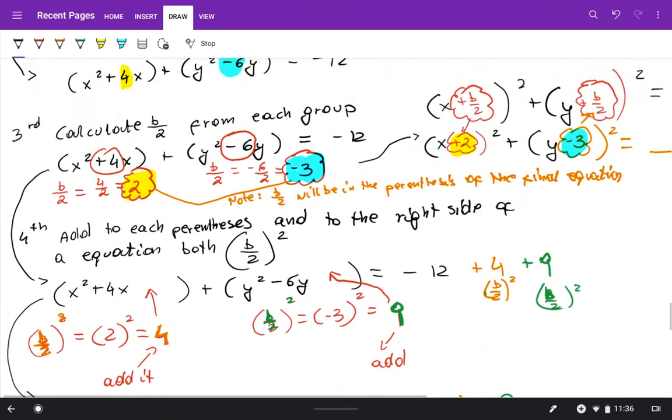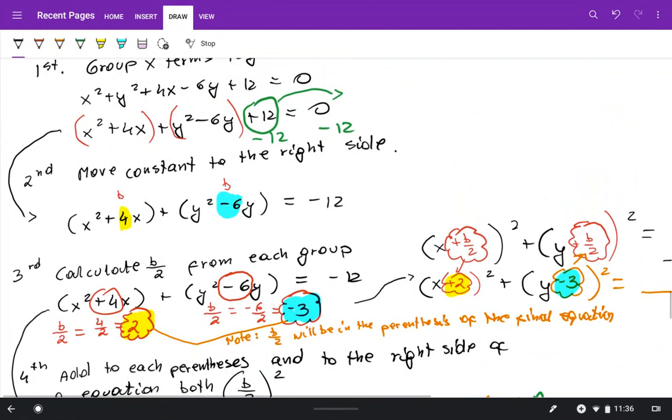After step 2, when you have grouped the terms, you can apply that shortcut. Like you see, when you group them, in this case x squared plus 4x plus y squared minus 6y equals the coefficient.